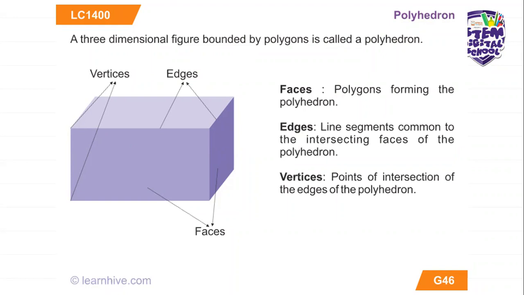We should remember by now that the points of intersection of the edges of the polyhedron are known as the vertices. So all of those corners that you see in your 3D objects are known as the vertices. And of course, we also have the faces. You can see the faces and the line segments known as the edges as well. That is what we have done so far.